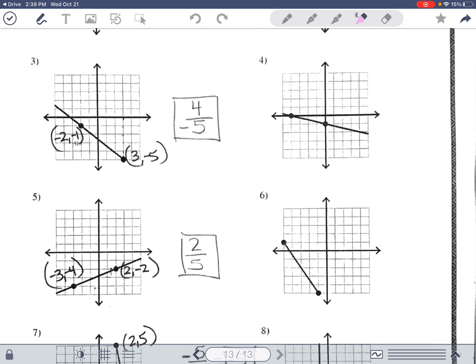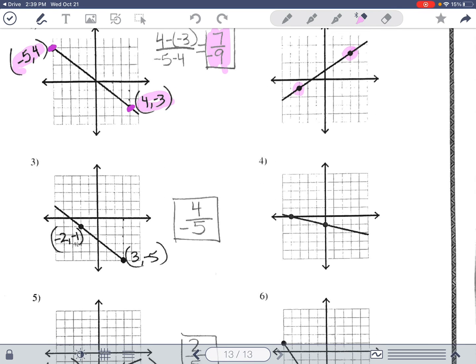Do check my math. I don't show any math on number 3. Not a good thing to do here. Let me show you the math. Y sub 2 minus y sub 1 goes in the numerator. The denominator is x sub 2 minus x sub 1. See, my y's are on the top, and then my x's get subtracted on the bottom in the same order.